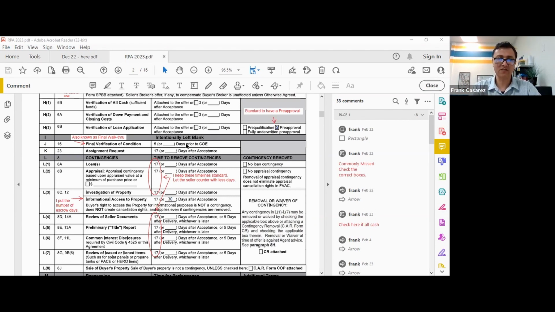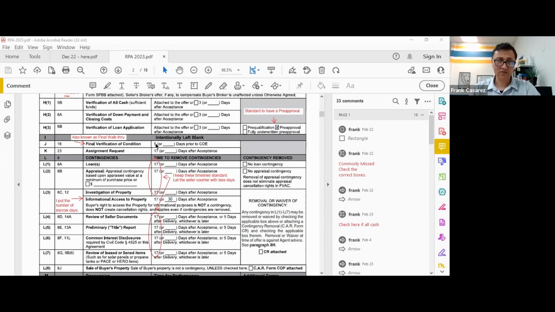Unless it's put somewhere in a counter and clearly stated, that is not something that you can deny a buyer. The listing agent is not supposed to deny the buyer to do their final walkthrough within at least 5 days prior to the close of escrow.